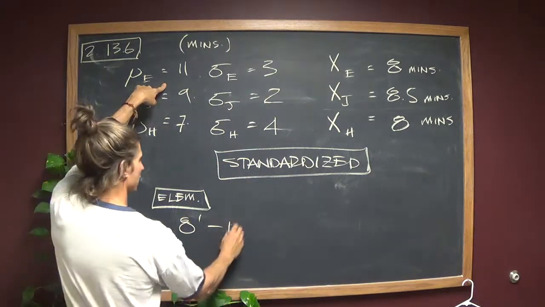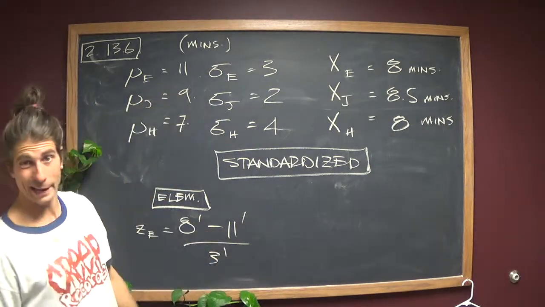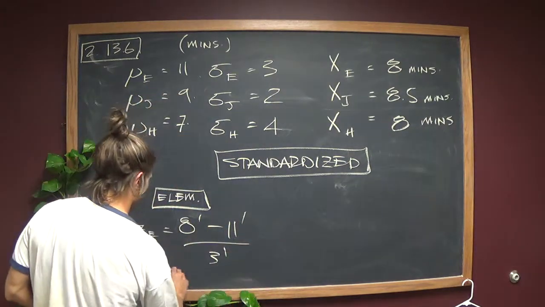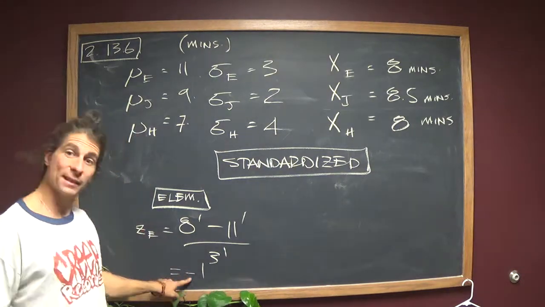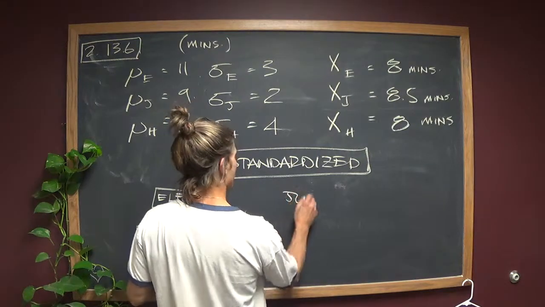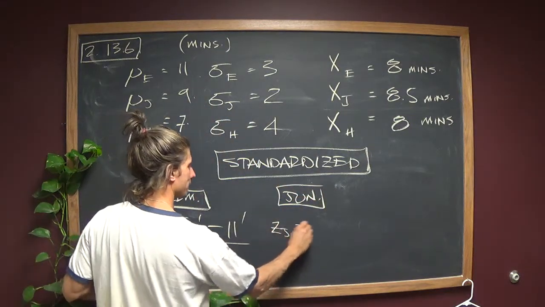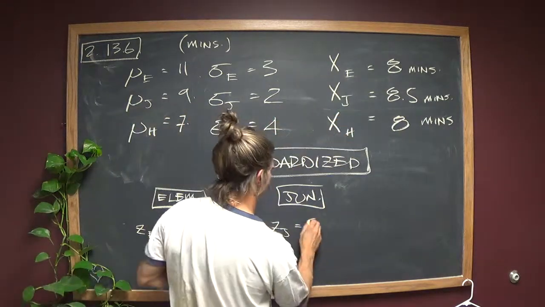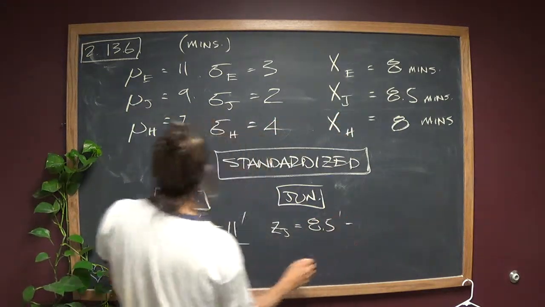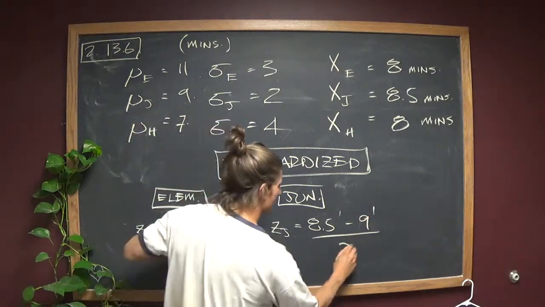subtract off the average of 11 minutes, and divide by the standard deviation of 3 minutes. That's going to give you a -1 altogether. Units cancel. So this kid's got a z-score of -1. Good so far. As far as the junior high kid, the z-score for that junior high kid, take their raw score of 8.5 minutes, subtract off the average of 9 minutes, and divide by the standard deviation of 2 minutes.